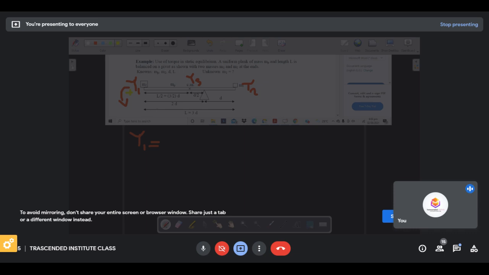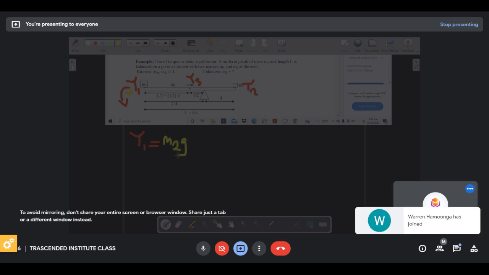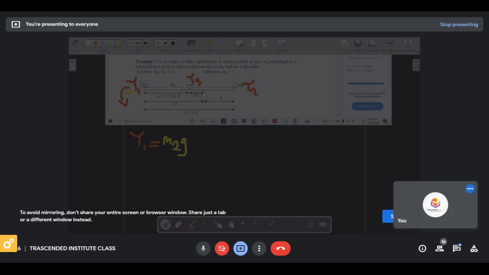And the force is in terms of the weight. The weight is given by Mg. Then it's multiplied by the radius. From this end to the pivot, what's the distance? Sir, 2d.